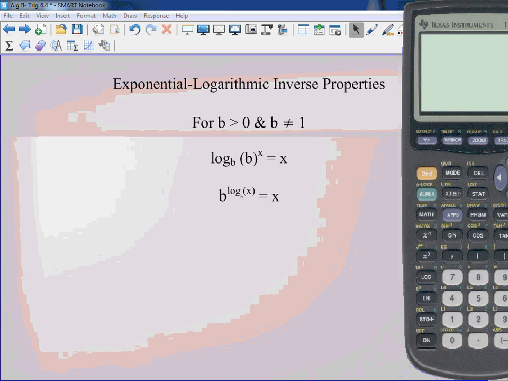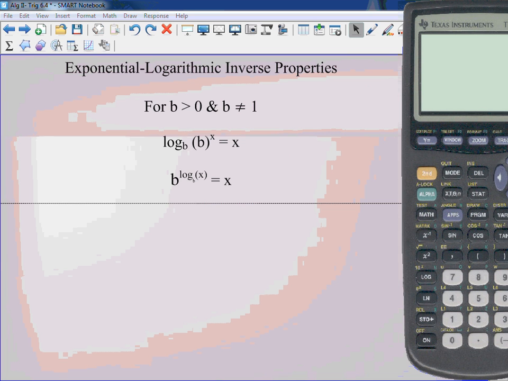I have log base b of b to the x is just equal to x. B to the log base b of x is just x. Explaining this. Now, base b, what does this mean right here with an exponent?